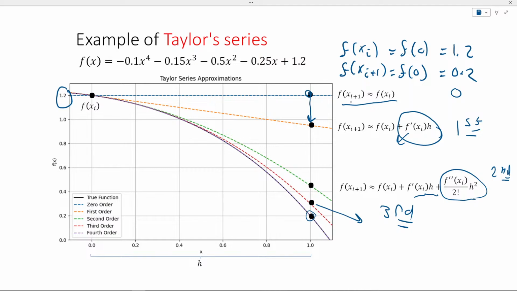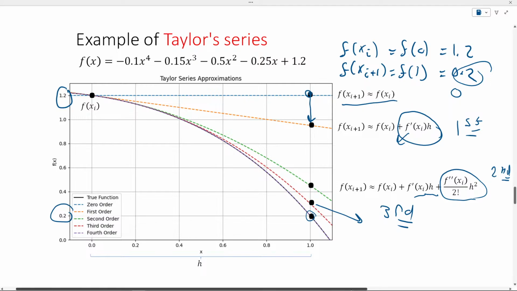So at x equal to 1, my f of x is equal to 0.2, as I got here. If I substituted 1 here, I'll get 0.2. If I did this Taylor series expansion up to the fourth order, I'll get the same thing.